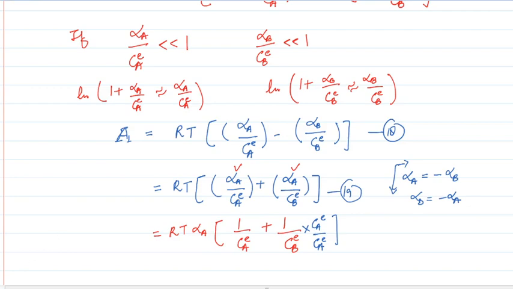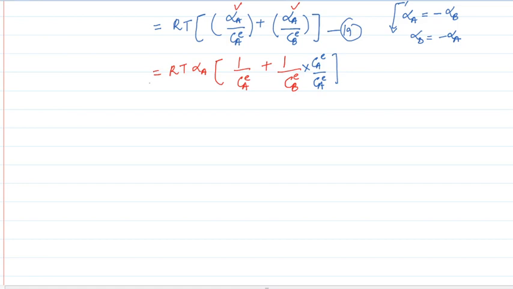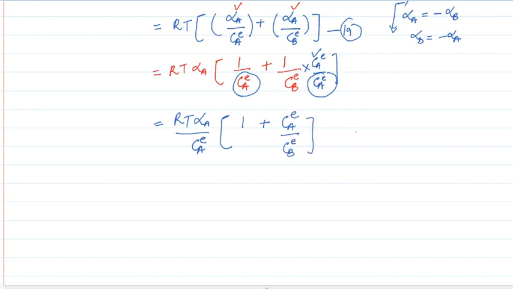So this affinity will then be equal to RT alpha A upon CA equilibrium, and inside we will get only 1 plus CA equilibrium upon CB equilibrium. So this is equation 20 now.